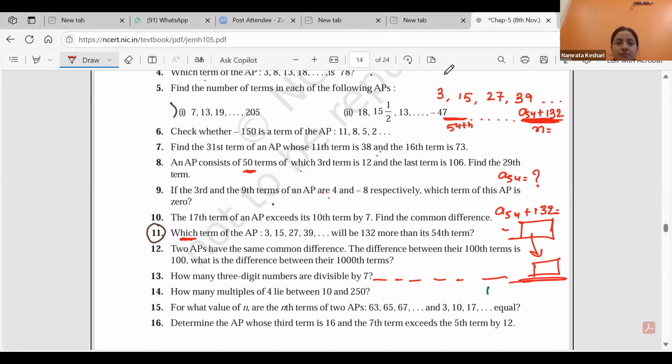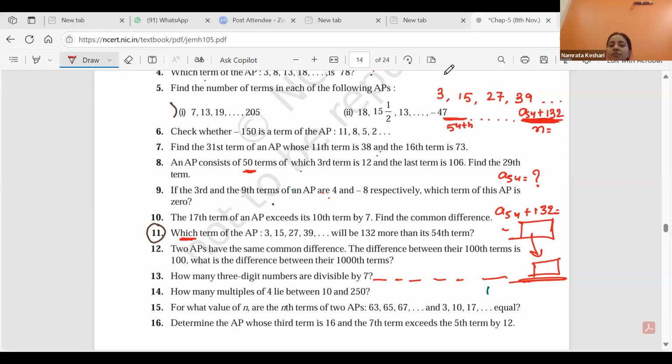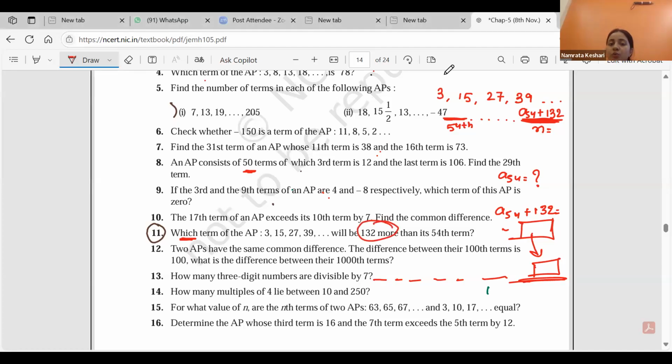Yes, miss. Okay. At first, we need to find the 54th term, because in the question it is written. I'm not telling you, that's why I have given time to read the question. It says which term is 132 more than the 54th term. This type of question in mental math you used to do in lower classes.